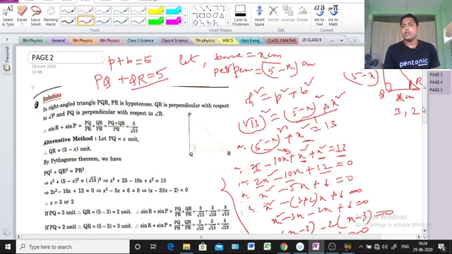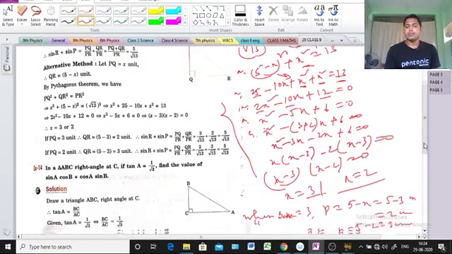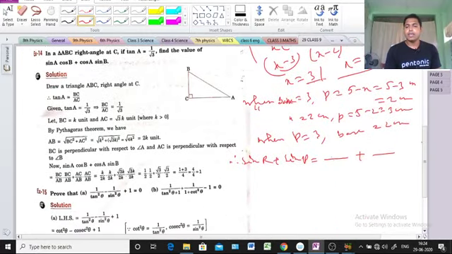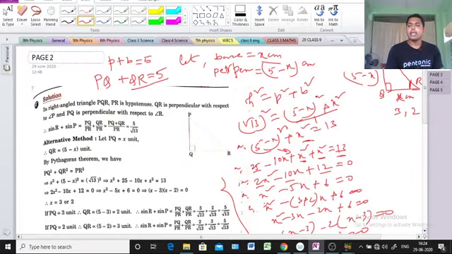Perpendicular by hypotenuse. Okay, perpendicular by hypotenuse. So that's why I'm writing here hypotenuse root 13, and perpendicular how much? Perpendicular 3, so 3 by root 13. Okay, and sin p we find out. Sin p means with respect to this angle p, the perpendicular will be what?